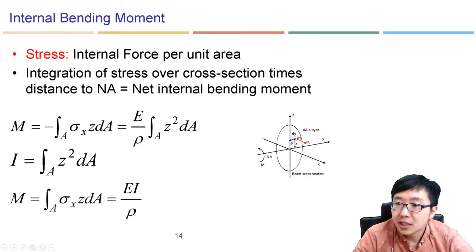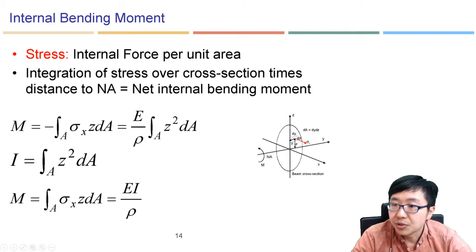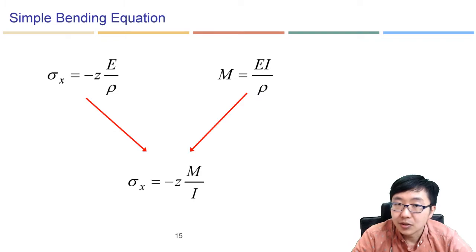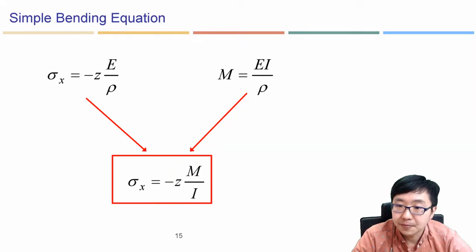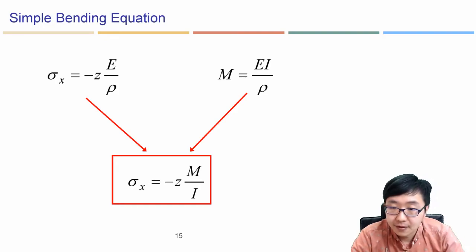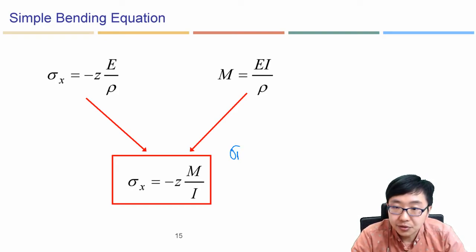So for the internal bending moment, from those assumptions we could derive further, and the second moment of inertia I, so that we could simplify it. Previously we derived this, and we call this the bending stress or flexure formula. So bending stress is the applied moment times the distance. Here, this is the distance.